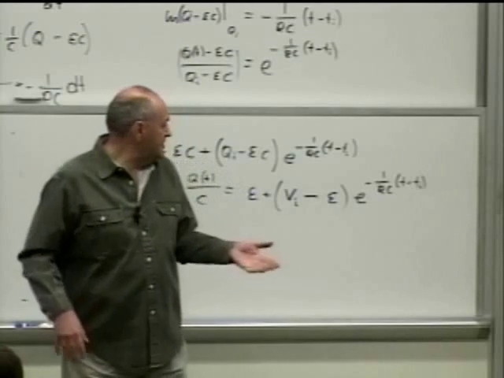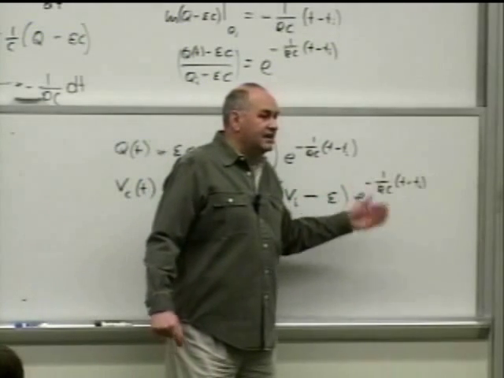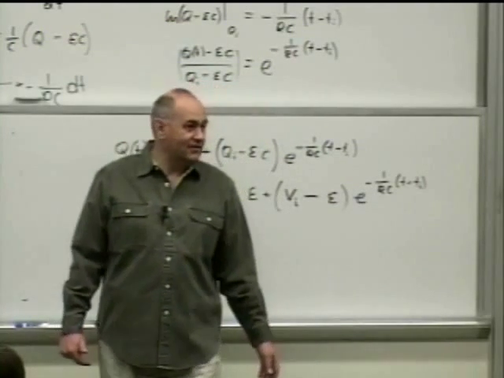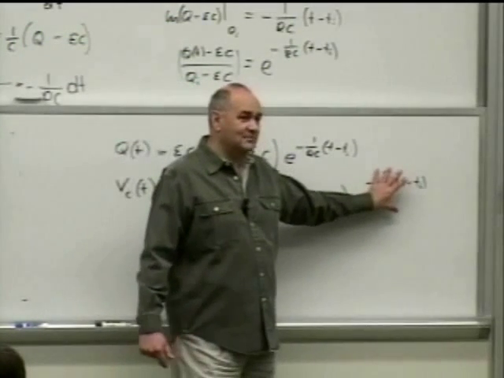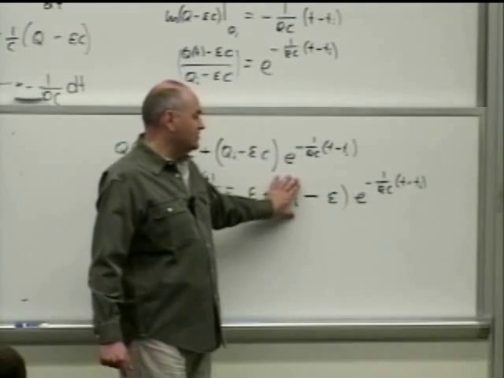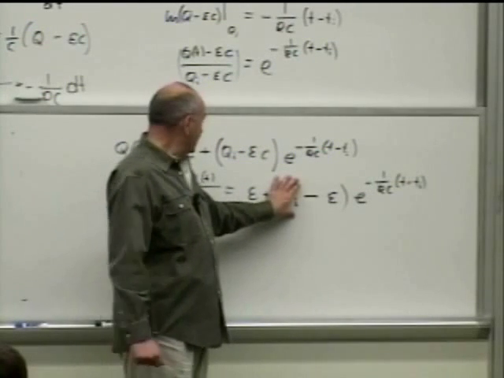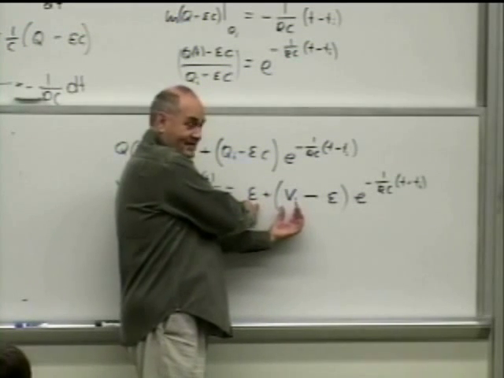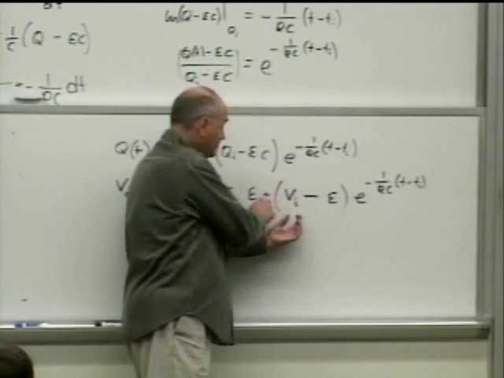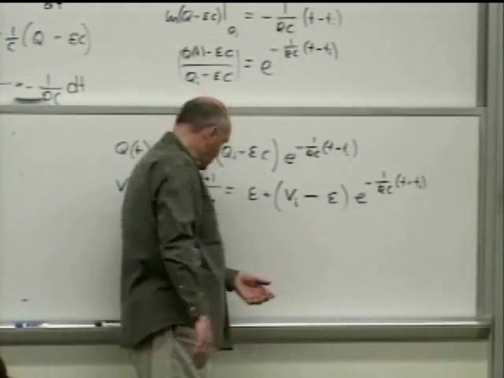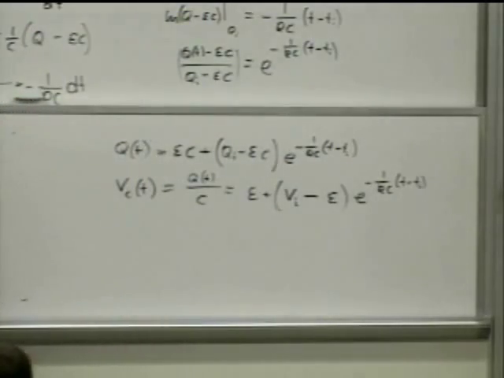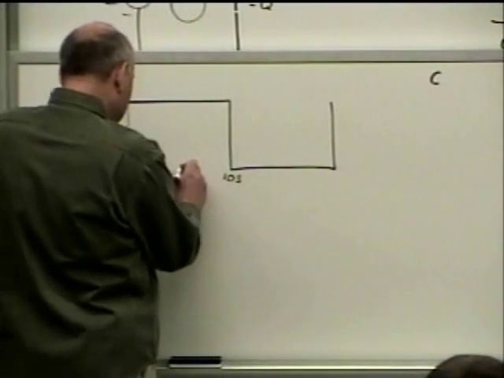Considering that e is approximately 3, e to negative 1 is how much? 1/3, correct. So this expression becomes 1/3. Now remember that this one is 0, right? So now I have to subtract 1/3 of electromotive force from electromotive force. How much is going to be left? 2/3.